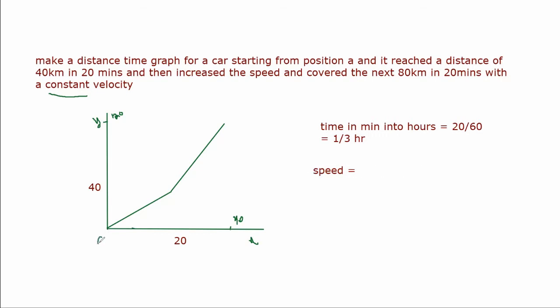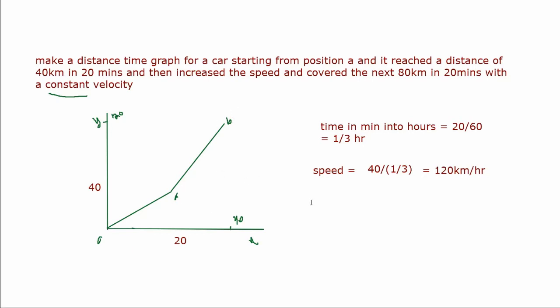This is the rest position, 0 position, this is position A and this is position B. So speed from 0 to A would be the total distance covered, that is 40, divided by 1/3. So the speed in the first portion would be equal to 120 kilometers per hour.